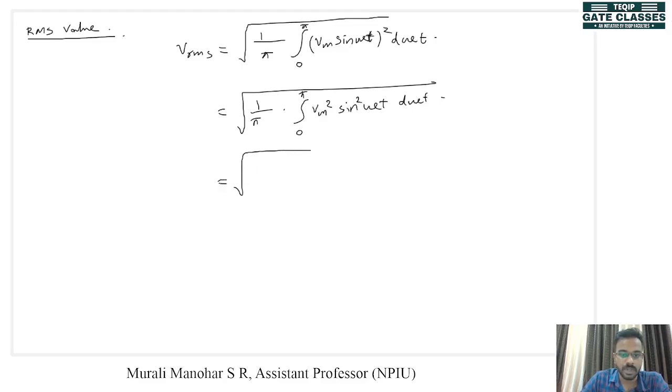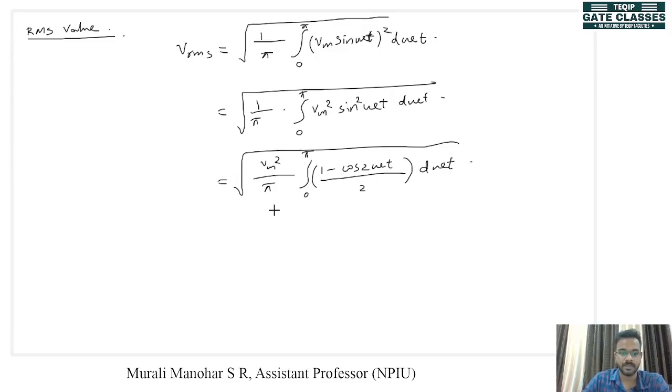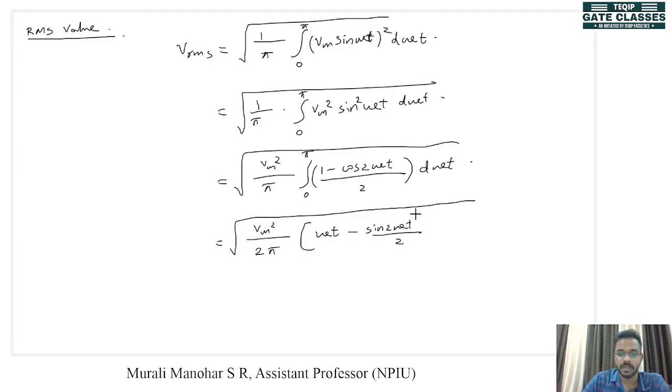I can take Vm square outside, it becomes Vm square by pi integral 0 to pi sin square omega t becomes 1 minus cos of 2 omega t all divided by 2 d omega t. Okay. So I can take the 2 outside, so it becomes Vm square divided by 2 pi. Then I can integrate 1 d omega t, when integrated becomes omega t, minus cos 2 omega t, when integrated becomes sin 2 omega t divided by 2, and the limits are 0 and pi.